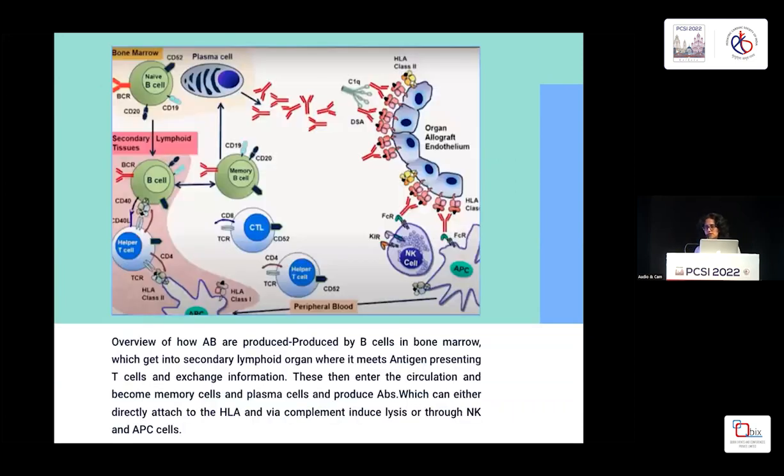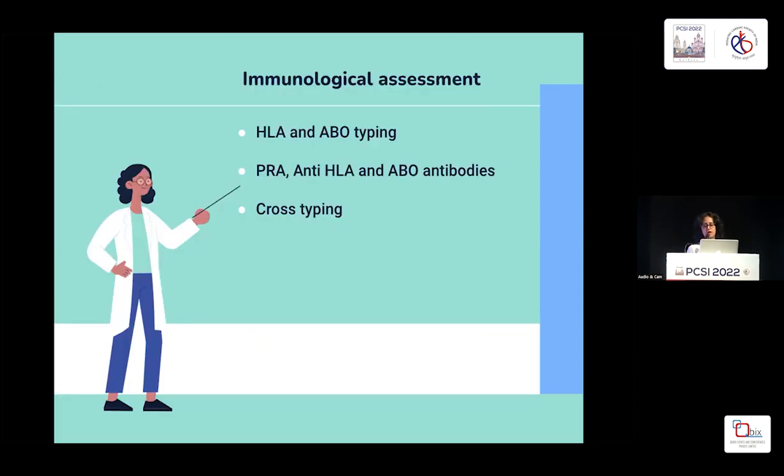So immunological assessment can be divided into knowing the HLA type of your recipient, and definitely antibody typing, knowing whether your recipient is already sensitized and there are antibodies against HLA, and definitely cross-matching between the recipient and the donor once the donor is available.